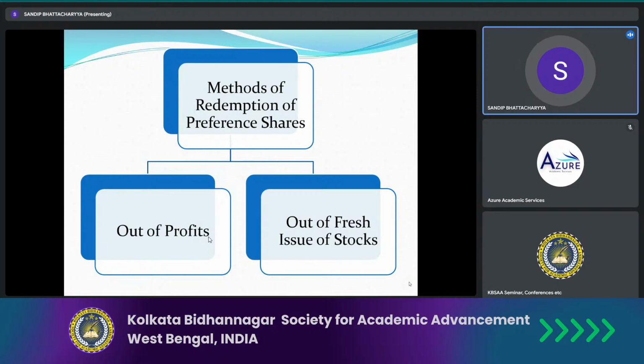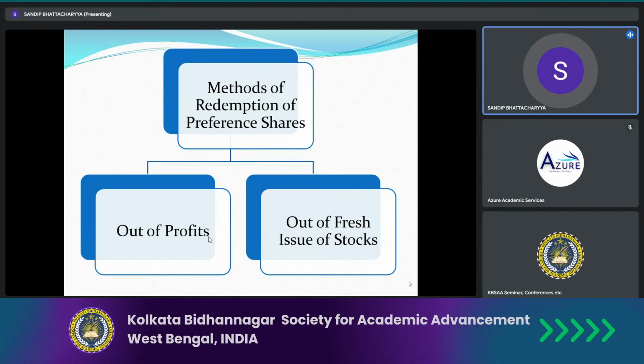Now, if I explain out of profit, what does it mean? Out of profit means that the company can redeem preference shares by using accumulated profit or reserves. Now, what is accumulated profit? We will see in a later slide. So the company can redeem or repurchase preference shares from the existing preference shareholders by using the accumulated profit or the reserve.